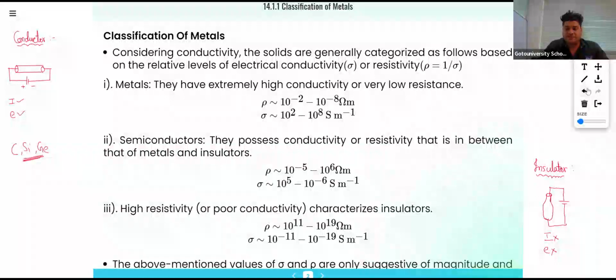Okay, now let's see. For the case of a semiconductor, let us consider that we are taking a silicon material, and that silicon material is connected to a battery by means of a wire.